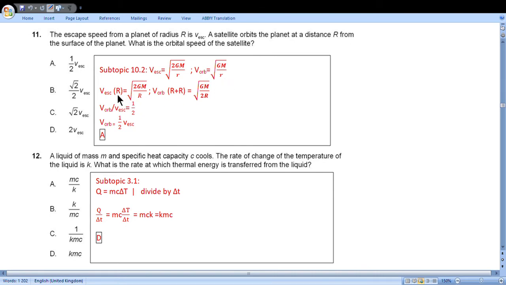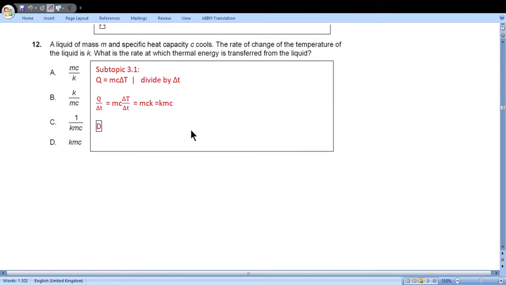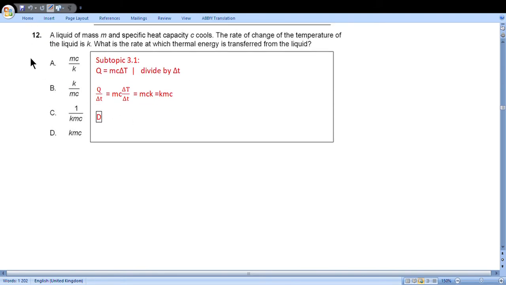Escape velocity is from the surface, but orbital velocity is at height r, so from the center it is 2r. Substituting these values and finding the ratio of orbital to escape, it appears to be 1 over root 2, and v orbital equals 1 over root 2 times v escape, so it is A. Some questions are tricky, so I mean 2 times distance.